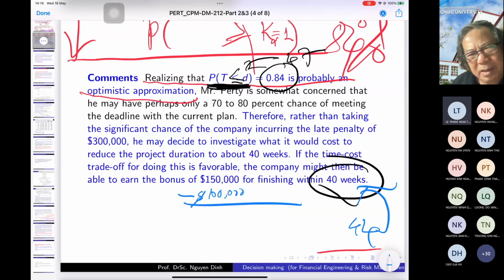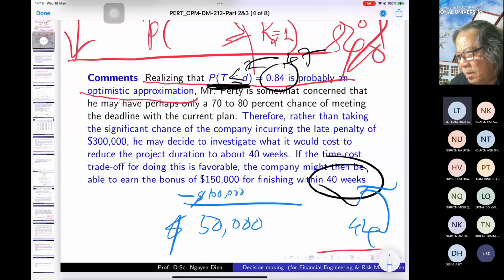Then the money he can get after all for the penalty is $50,000. Okay, $50,000 is also a considerable amount. It's billions of Vietnamese dong, and it's worth working. In that case, he thinks of reducing the time.